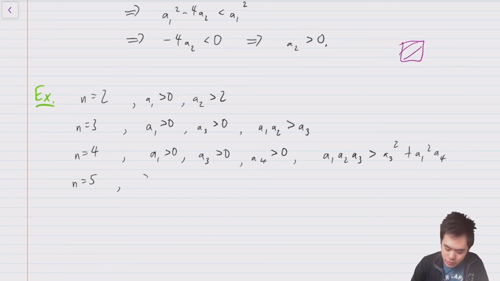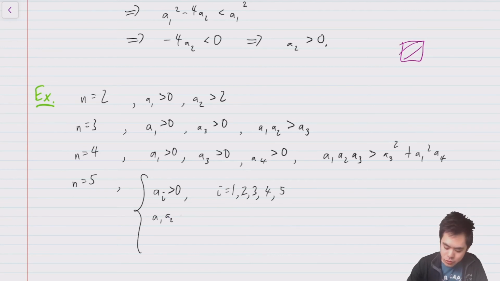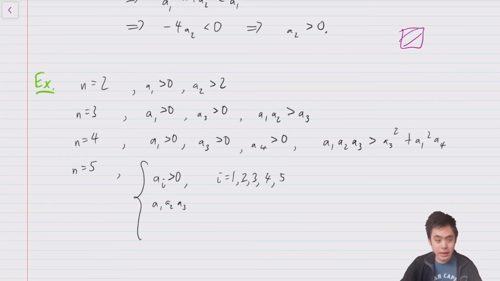Let me go ahead and write this out just for completion. So we have ai is greater than 0 for i in 1, 2, 3, 4, 5. And we have a1 a2 a3, just a moment, let me double check this. Sorry, I was saying a1 a2 a3 has to be greater than a3 squared plus a1 squared a4.